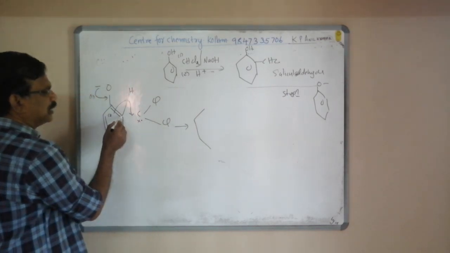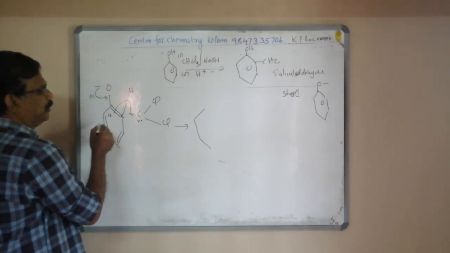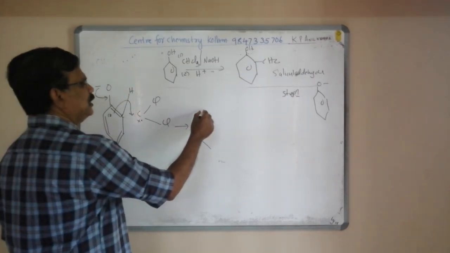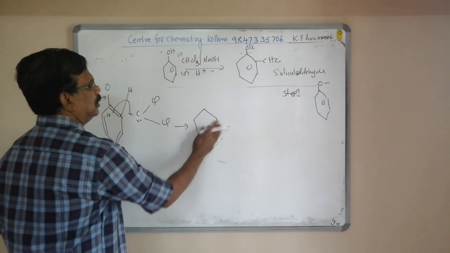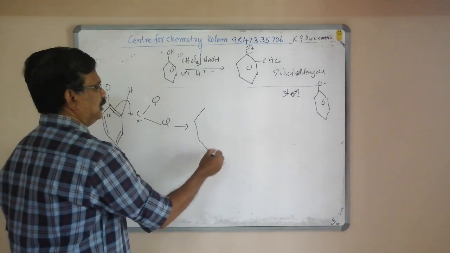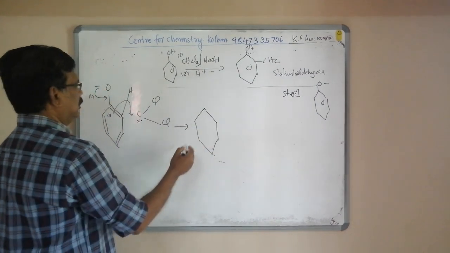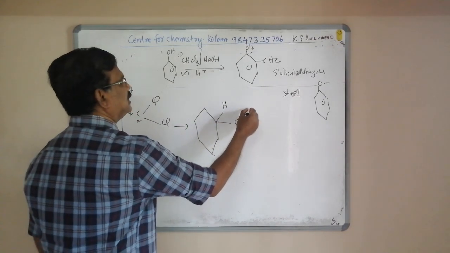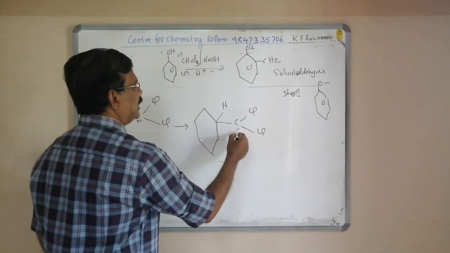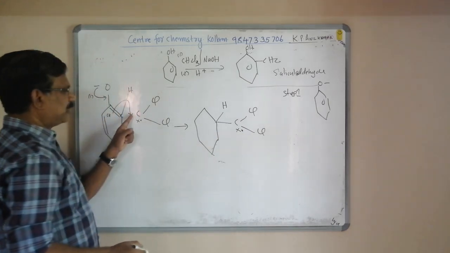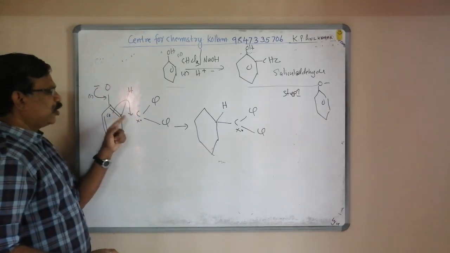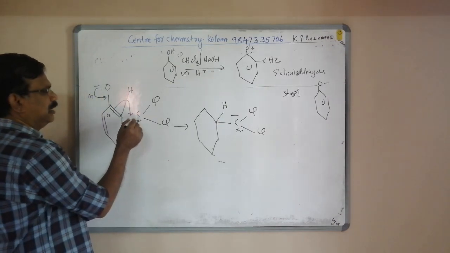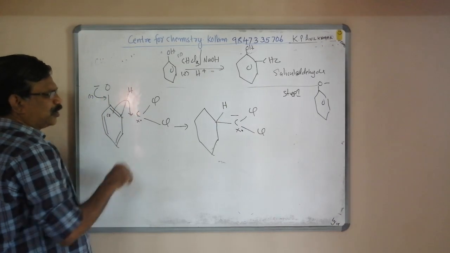And the resulting step is the dichlorocarbene attacking at the ortho carbon. So a carbon-carbon bond is produced, and these are the steps. This H is already there, and CCl2 has a pair. Now this carbon gets an extra electron from this pi bond, thereby acquiring a negative charge.